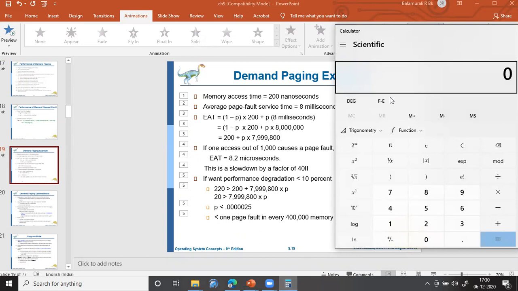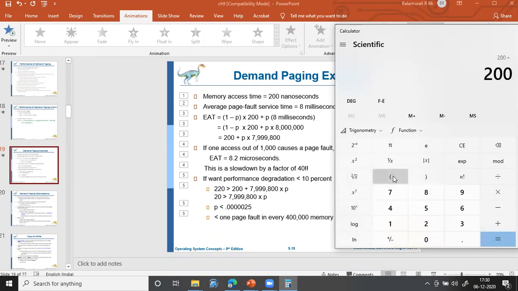So basically it is 200 plus 0.001 into 7,999,800. What you get is 8,199.8 nanoseconds.